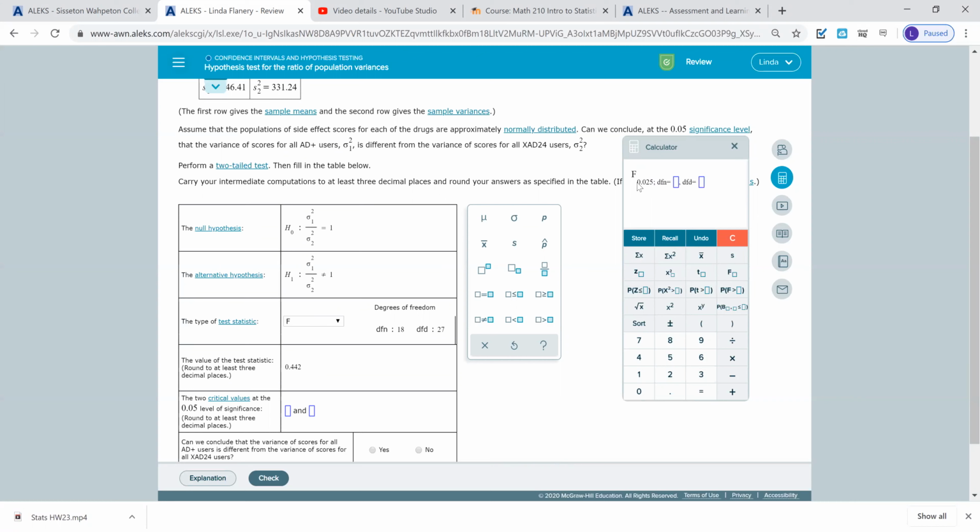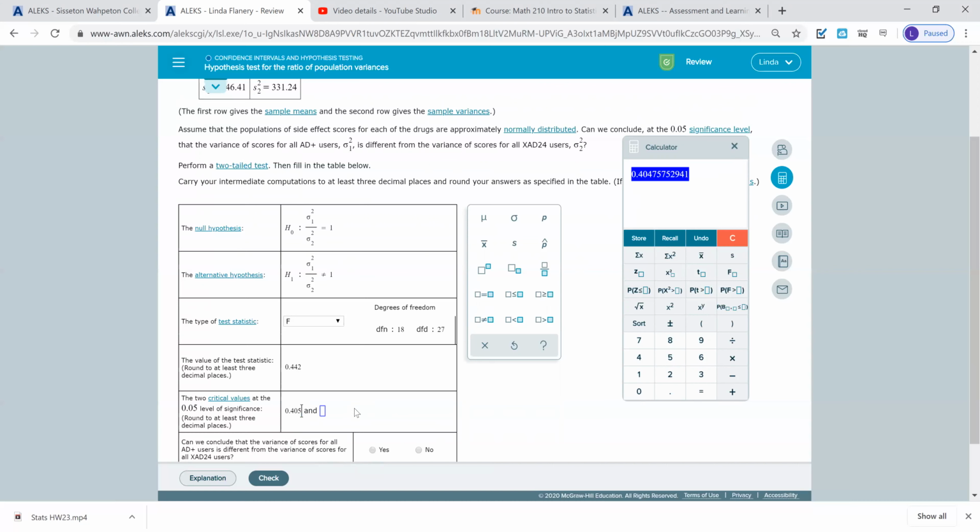So I'm going to have F sub 1 minus 0.025. The degree of freedom in my numerator was 18, and in my denominator it was 27. And so since it's the left side, I have to do 1 minus that value. And so I'm going to have 0.405 when I round that to 3 decimal places.